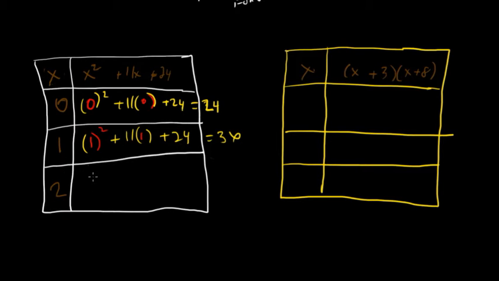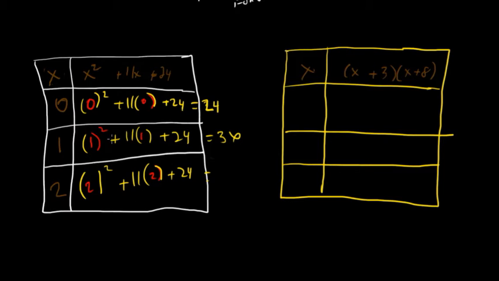Okay. And then last one, 2. Well, let's see. Let's substitute a 2 in for every x that we see. So it'd be 2 squared plus 11 times 2, plus 24. This will be equal to 2 squared will be 4 plus 11 times 2, which is 22.